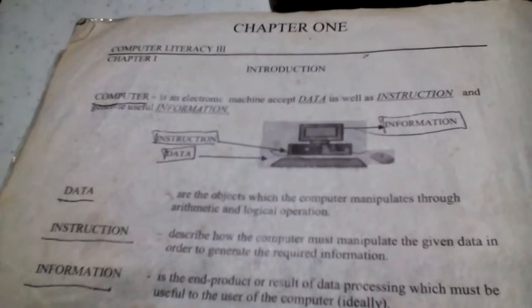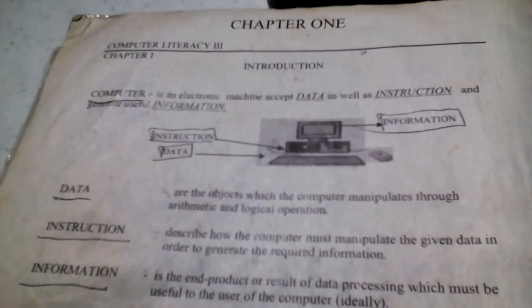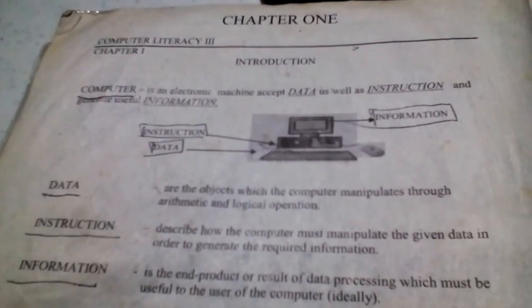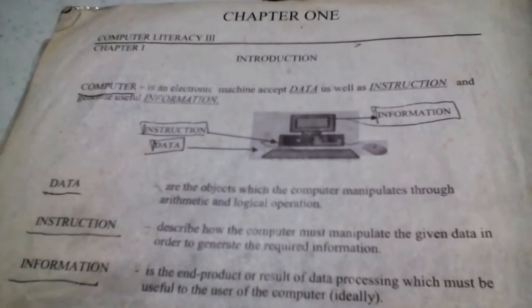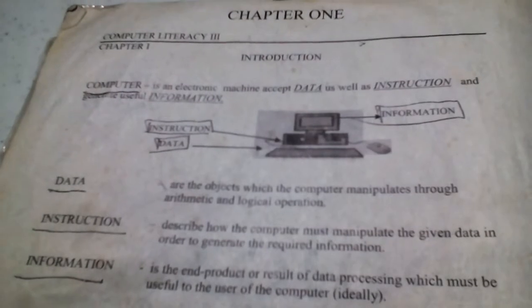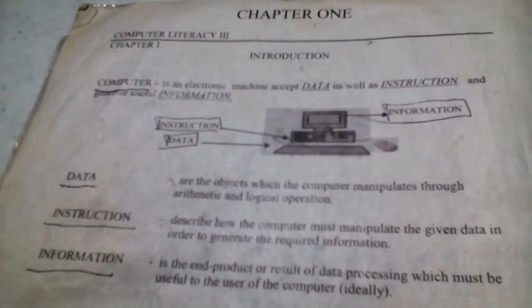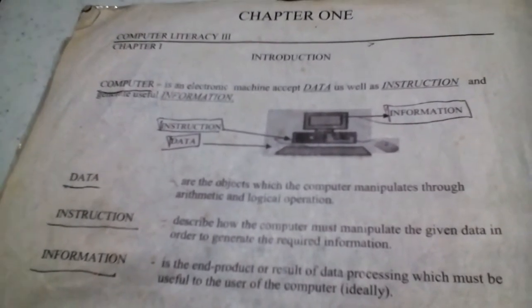And then there are three parts: data, instruction, and information. Okay, data. Data are the objects which the computer manipulates. For example, as I mentioned, ingredients, just like how to cook bread.